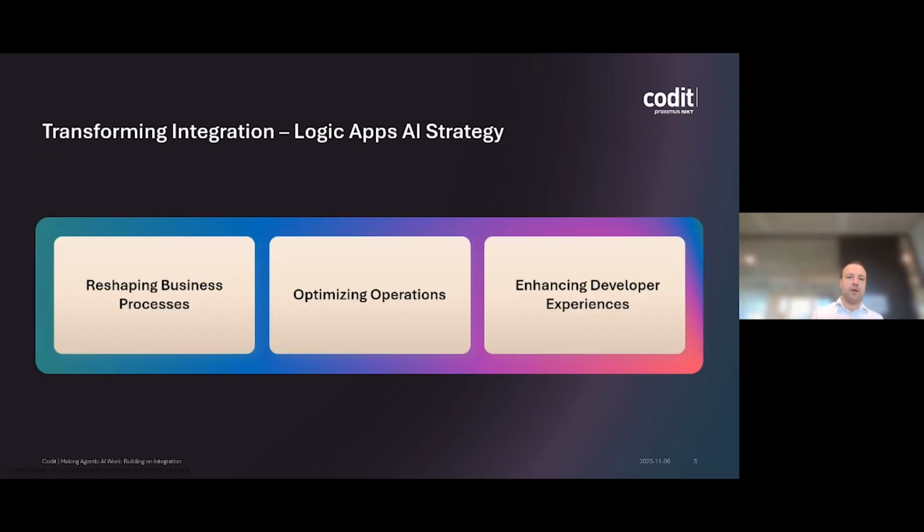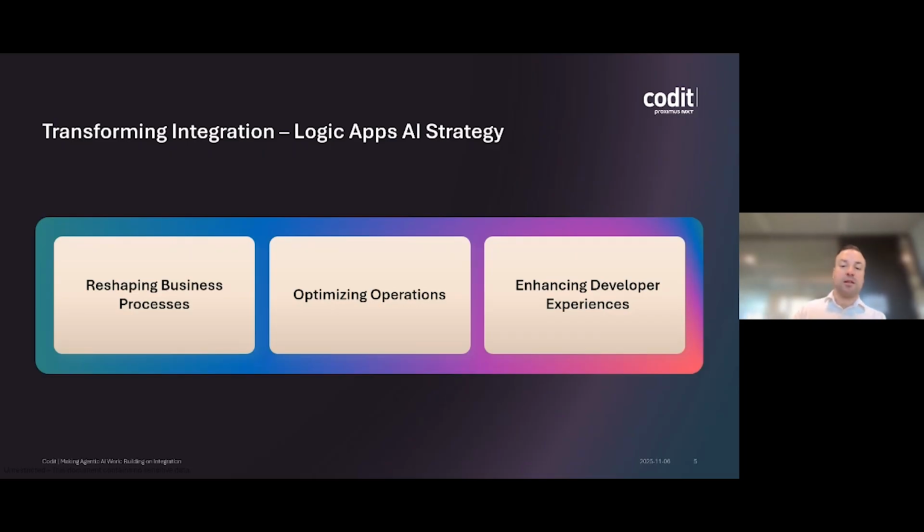So when we think about Azure Logic Apps and the AI strategy, there are actually three core areas of focus. The first area is reshaping those business processes. It will enable your developers to build solutions that can use automation and AI to build things that they couldn't do before. And it also can be used to optimize your operations. It can reduce the toil in managing and monitoring solutions by having AI assist you in this operational optimization.